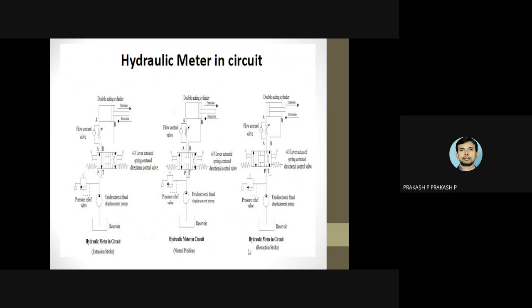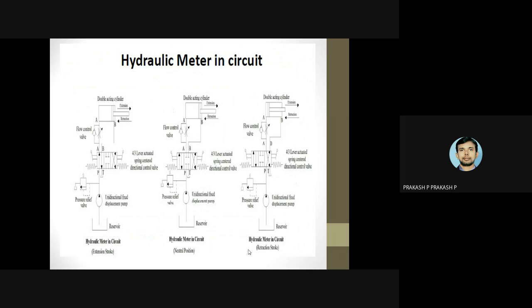Now when we actuate the lever, port P to B is connected, and the fluid flows from B to B, and the cylinder is retracted. Whatever oil is at the head end of the cylinder flows through the check valve only, not the variable flow control valve, and is directly stored into the tank.